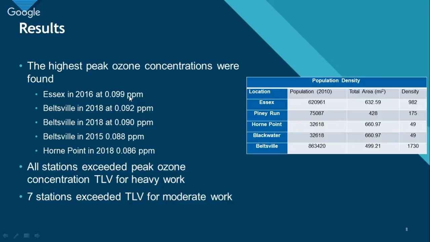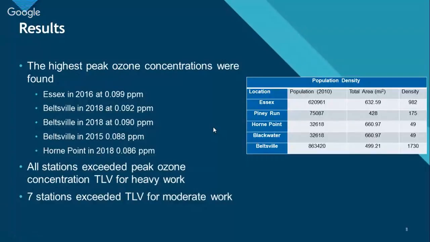Essex was the highest in 2016, measured at 0.099 parts per million. As you can see again on the population density table, Essex and Beltsville are significantly higher population density areas compared to western Maryland and Piney Run and the eastern shore of Horn Point and Blackwater.